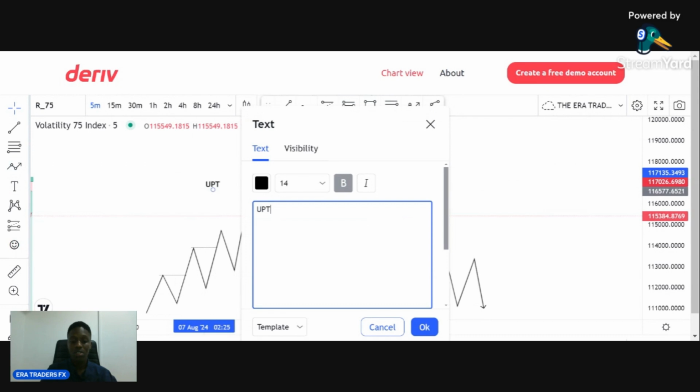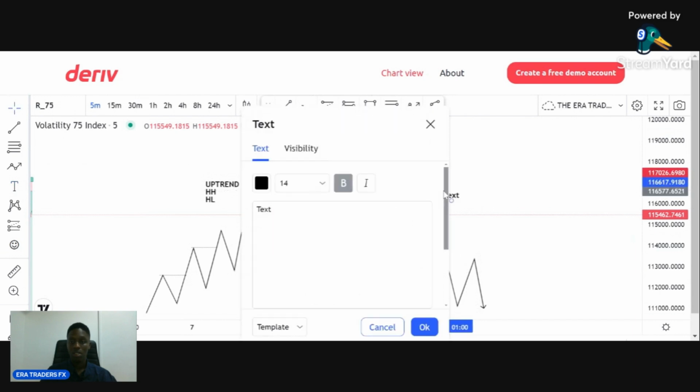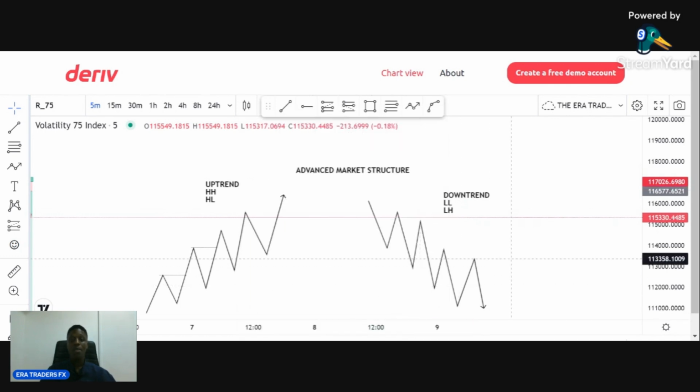We have the uptrend, which is higher low, right? Then we have the downtrend, which is lower low, lower high, right? That's the basic. But in the real sense, it's not so, right?